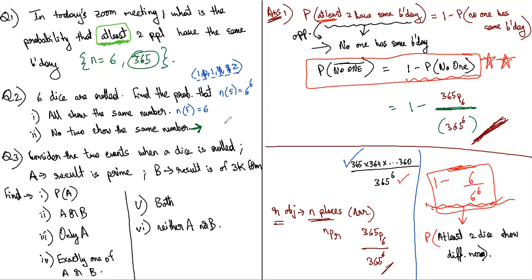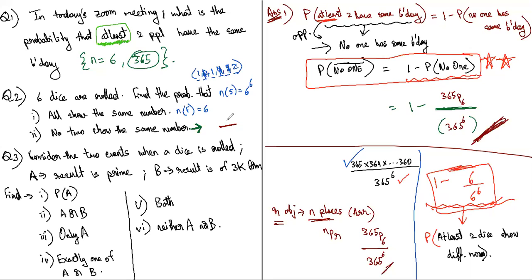Sir, हाँ बोले. Sir, for this question, if we take the negation, will it be that all four numbers are equal and two are different? No, to show the same number. The negation of that will be no two show the same number. Negation will be at least two show the same number. ठीक है?